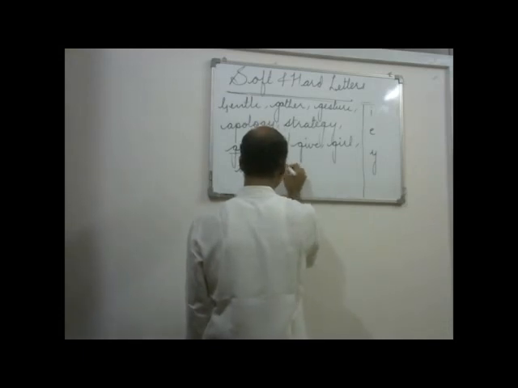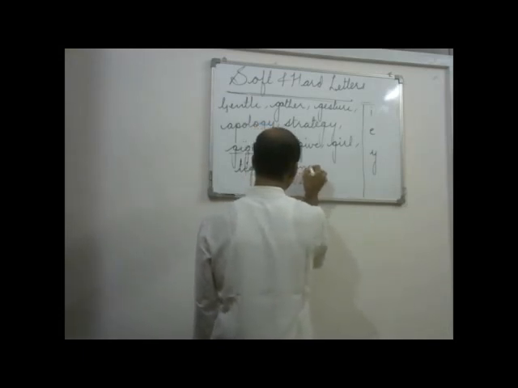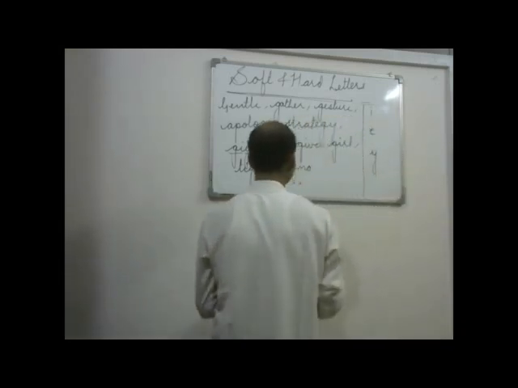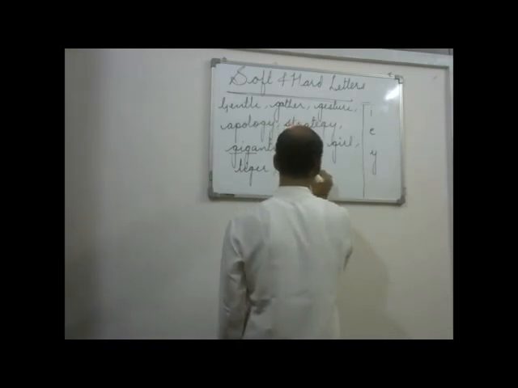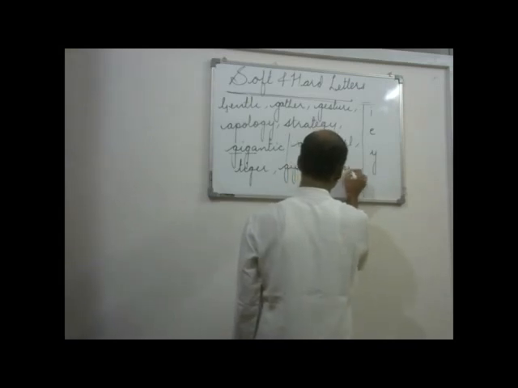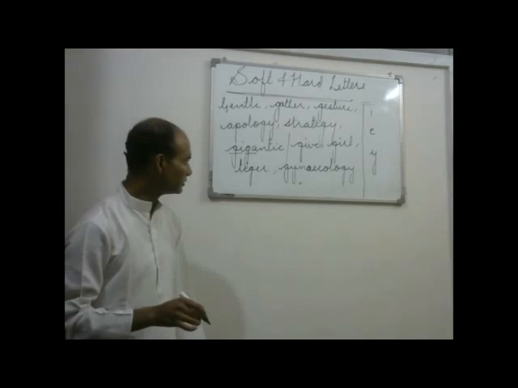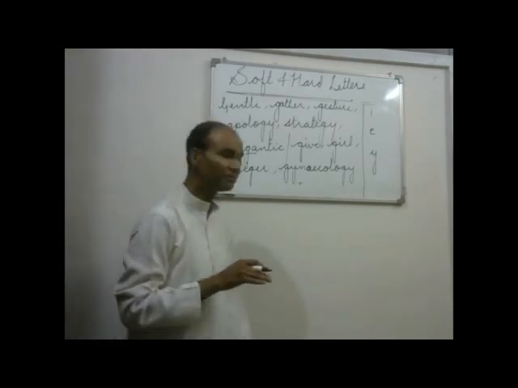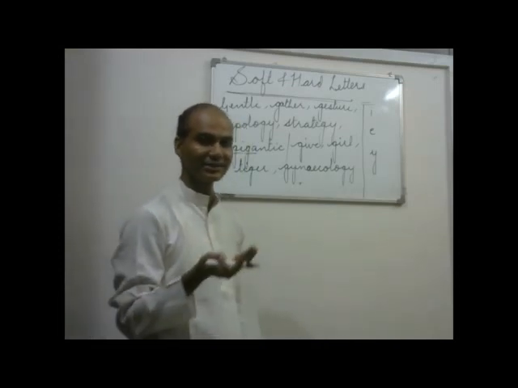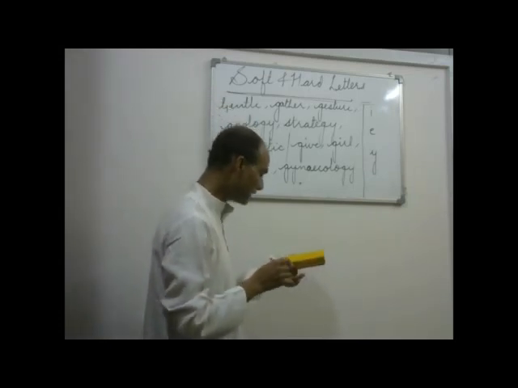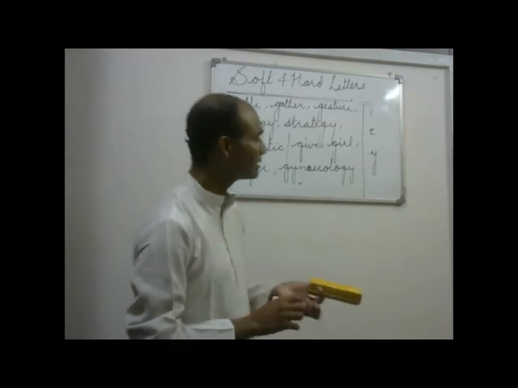And gynecology: G-Y, but it is not with a J sound, it is a hard G. So these are some of the exceptions to this rule, but otherwise you can take several examples.